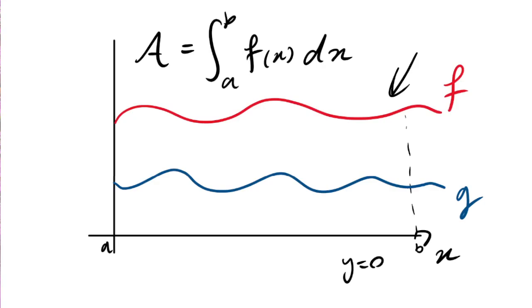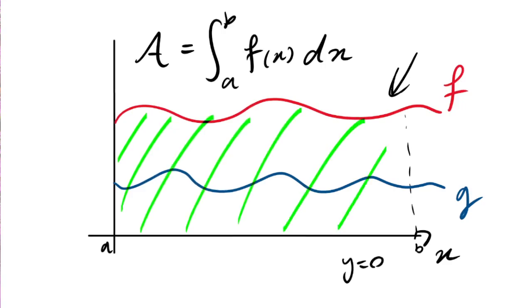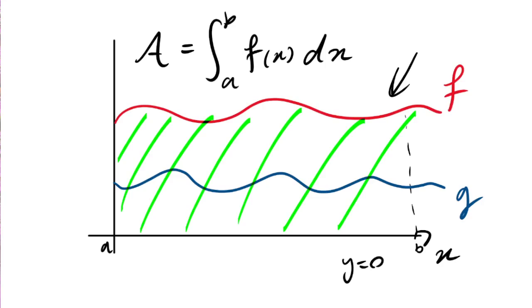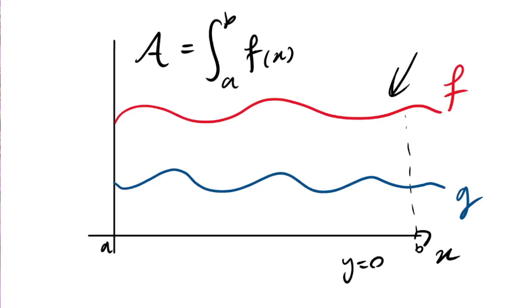We need to find the area first under the function f of x. So it'll be this whole area, including the whole curve that we just introduced here. Now, we need to take that whole area, which you can see represented here, and subtract it by this area underneath the other curve. And note that that difference just gives us the gap here.